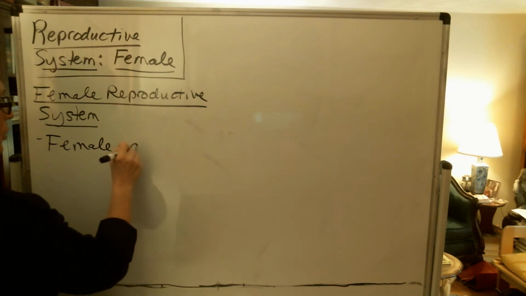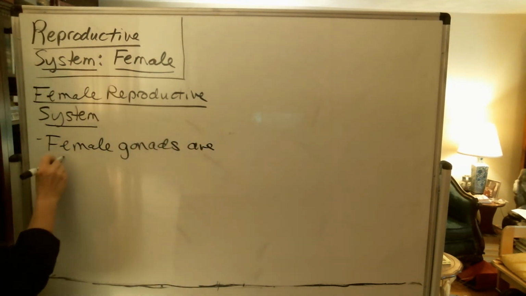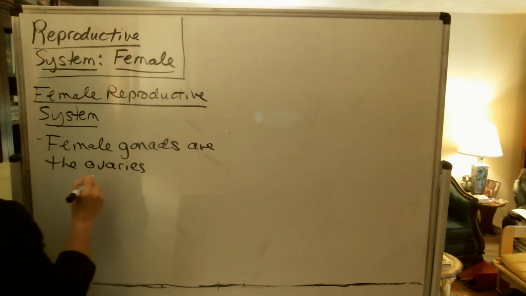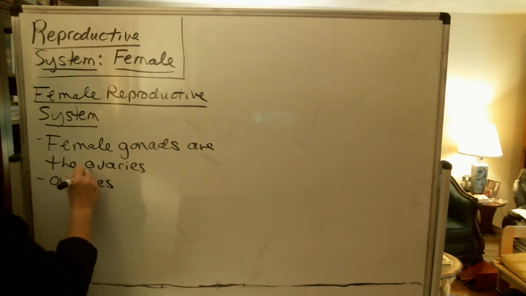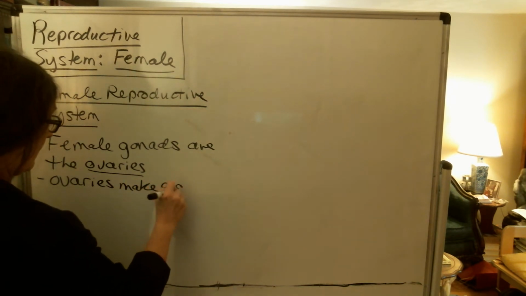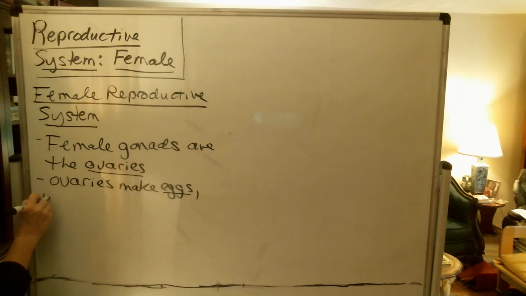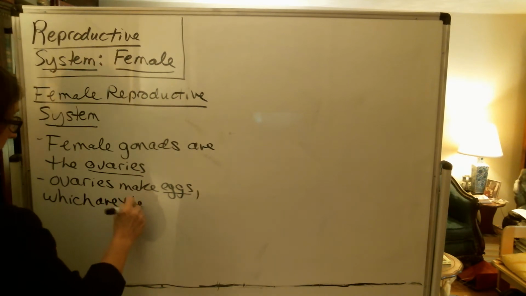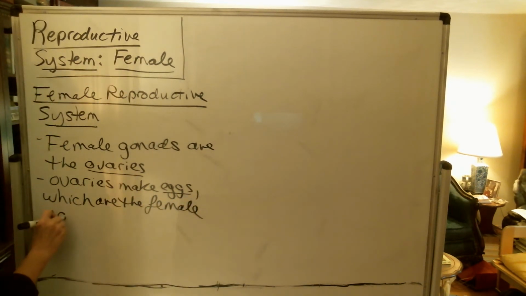The female gonads are the ovaries. And the ovaries make eggs, which are the female gametes.